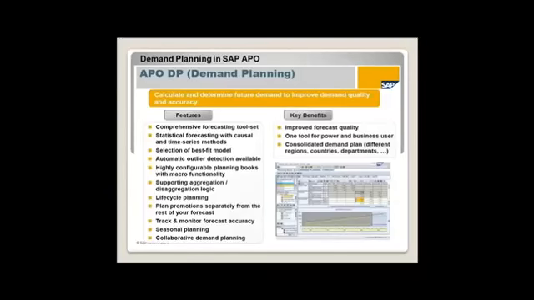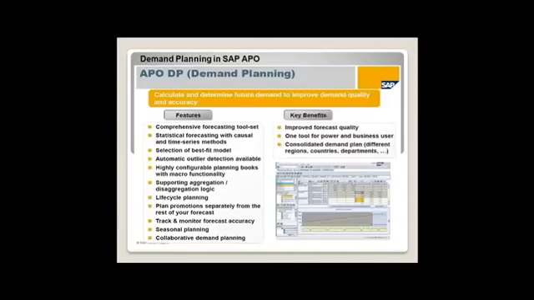Asia Pacific people can access only Asia Pacific data. Europe people can access only Europe data. Sales people can access only particular products or particular brands. So using the authorization we can control it so that they will not disturb others' data.